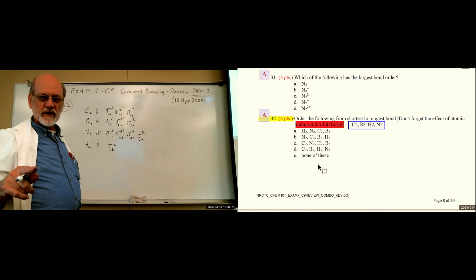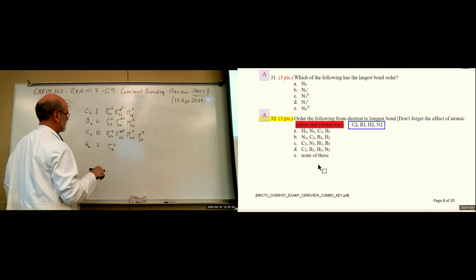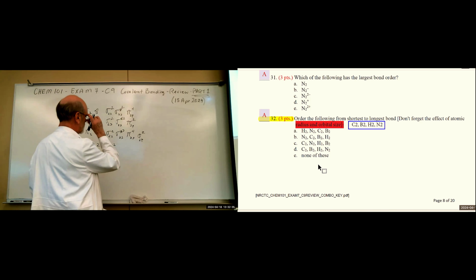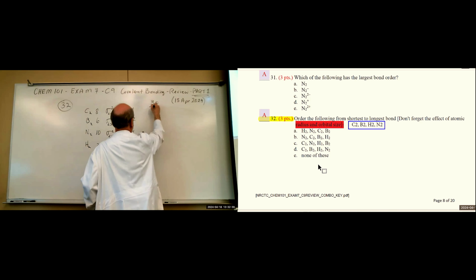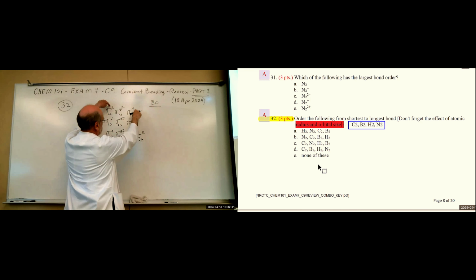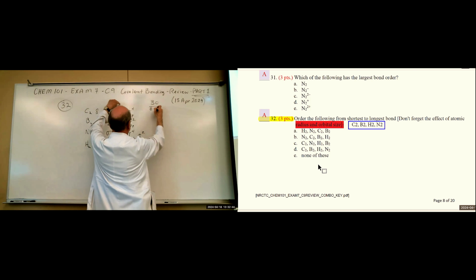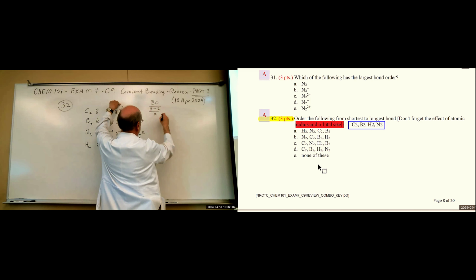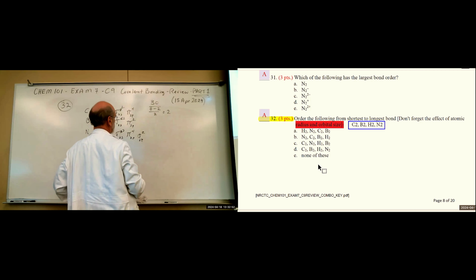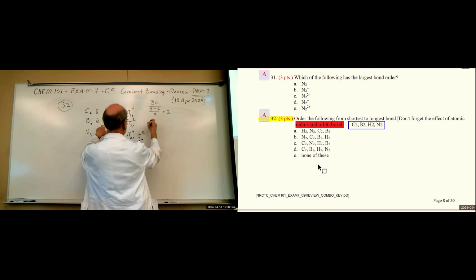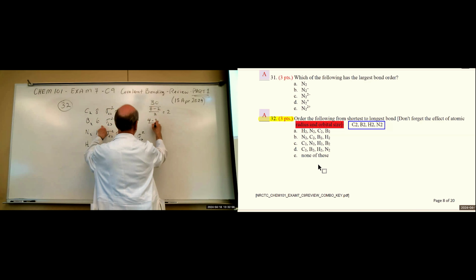Order from shortest to longest bond. So which one's the strongest? Well, let's do the bond orders. So we'll have 6 minus 2 divided by 2. All right, so that's 4. That's 2. Bond order of 2. This one has 4 minus 2 divided by 2 equals 1.